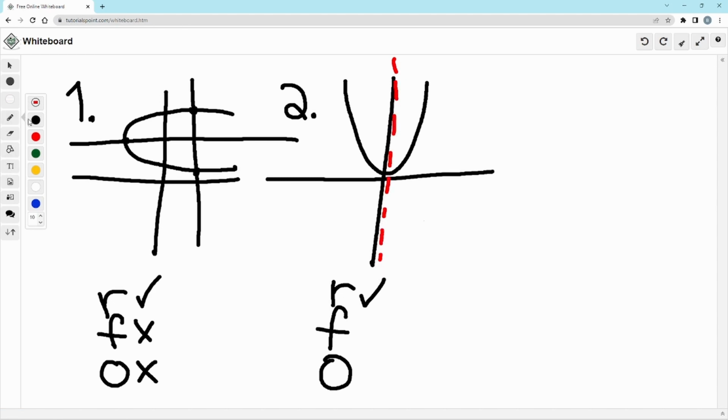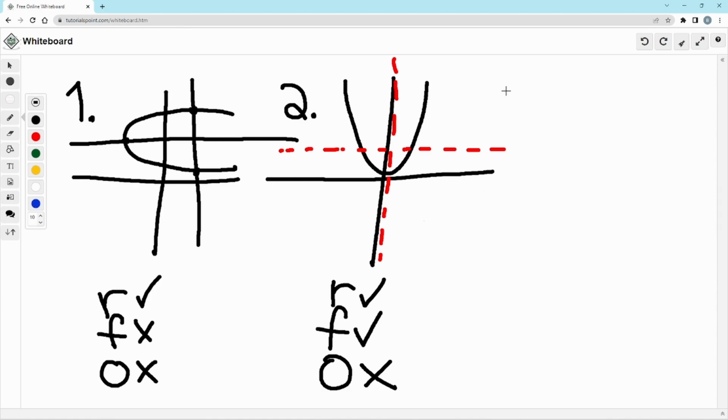Oh, it looks like it does pass the vertical line test, so this is also a function. Now, let's see if it also passes the horizontal line test. It seems that it does not pass the horizontal line test, so that means this graph is a relation, a function, but not a one-to-one function.